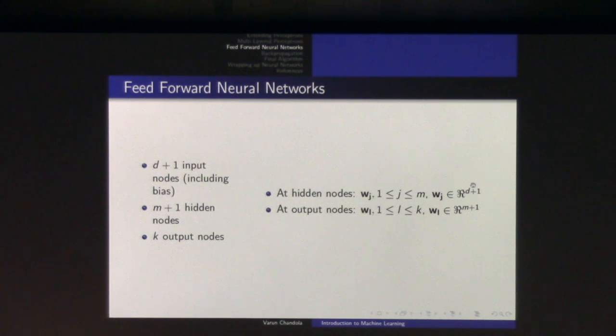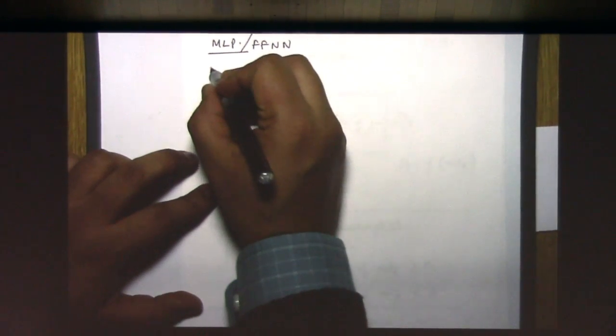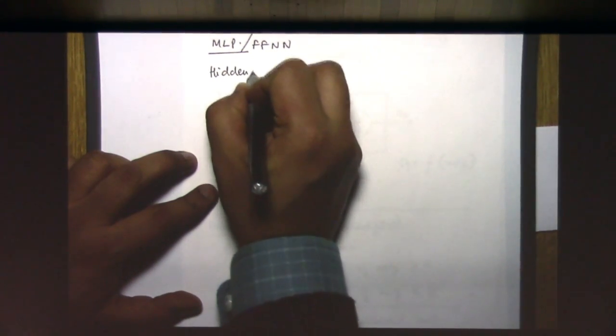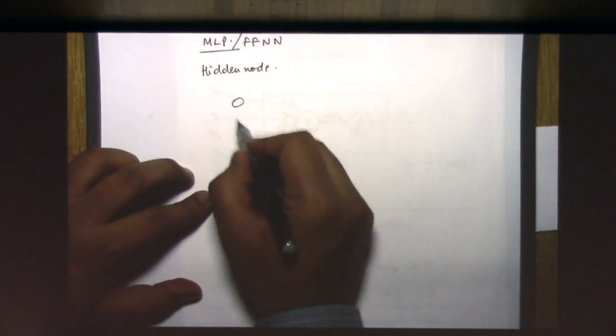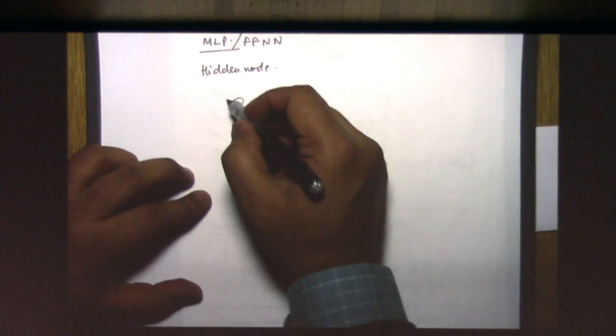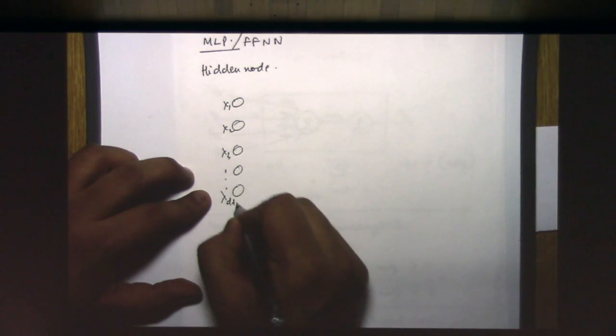The reason being the role of a hidden node. So we are talking about multi-layer perceptrons, a feed-forward neural network. So what does a hidden node do? These are all your inputs, x1, x2, x3, up to x D plus 1, right?